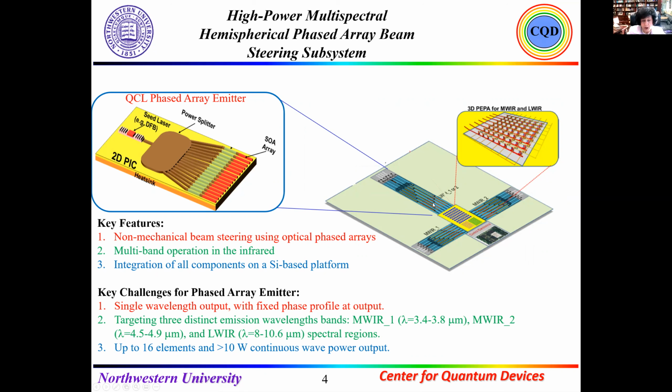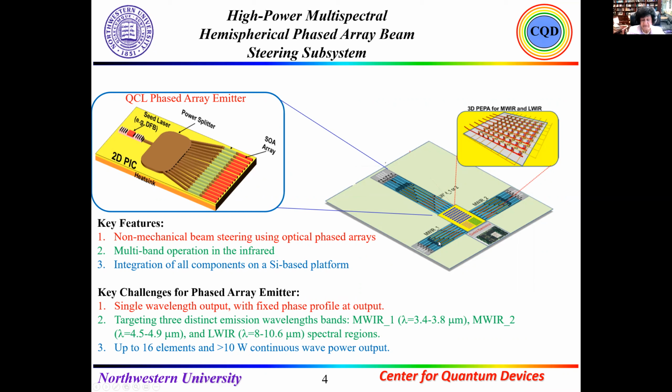If we take one unit, the key challenge for the phase array emitters is to have single wavelength output with a fixed phase profile at the output. We are targeting three wavelength ranges: 3 to 3.8 micron, 4.5 to 4.9 micron, and 8 to 10.6 micron.